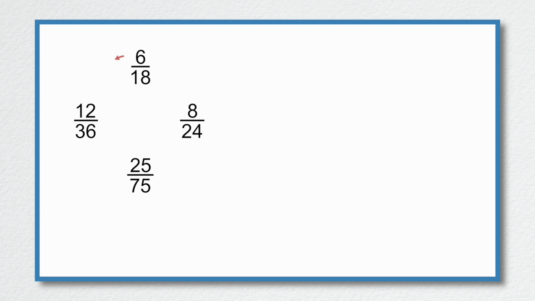So looking at 6/18, 18 is 3 times greater than 6. For 12/36, 36 is 3 times greater than 12. And the same applies for 8/24 and 25/75. So these fractions are equivalent to a third.